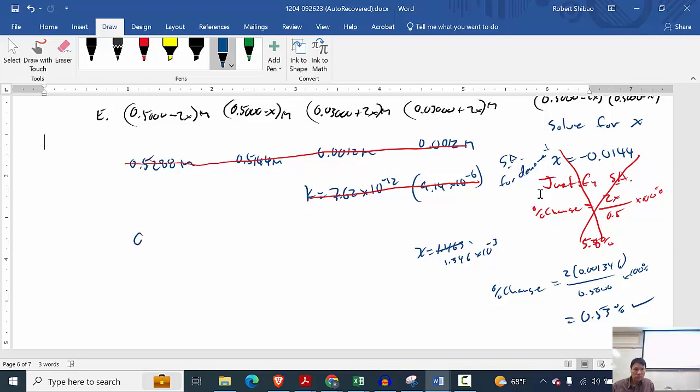And so the concentration for this, let's do this. For the second value, the one that Mitchell got is 0.4973.